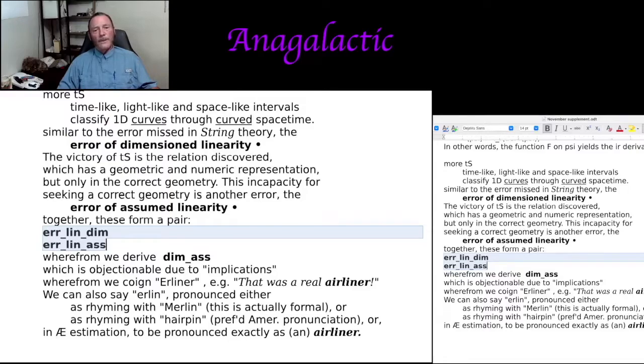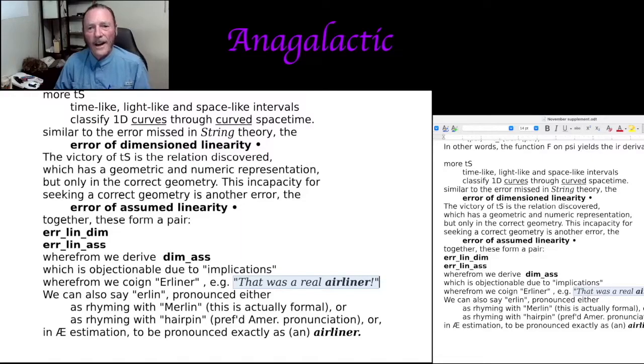And if you put them together, that's dim-ass. And so the way I pronounce that is airliner. In other words, if I catch you, which I've caught them all, using linear algebra to compute quantum mechanics or astrophysics, then I get to look at you and laugh and point my finger and say, well, I guess you didn't go to school then. That's a real airliner. A real airliner.